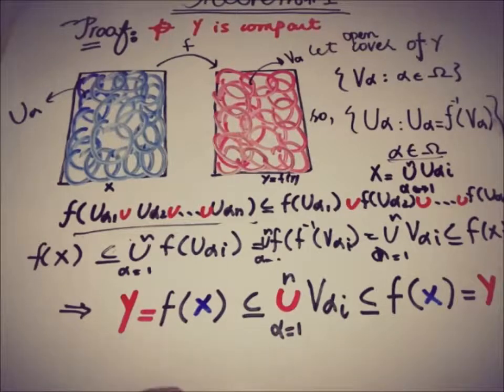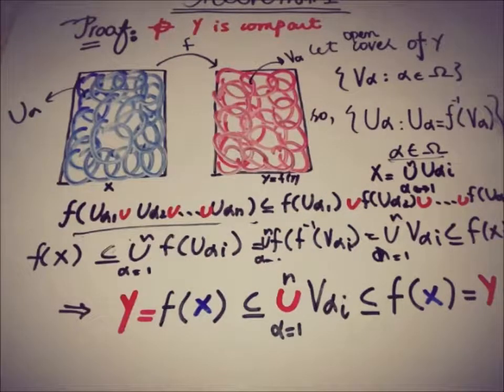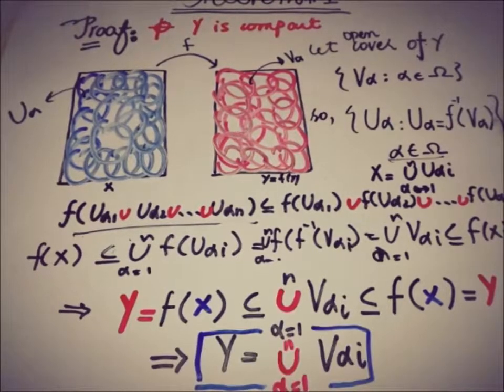So this happens only if the union of V alpha i from 1 to n is equal to f of X, that is Y. Because this is a finite subcover of the cover V alpha, if Y equals the union of the finite subcover, this implies that Y is indeed a compact space. So this implies that the continuous image of a compact space is compact, and this completes the proof.